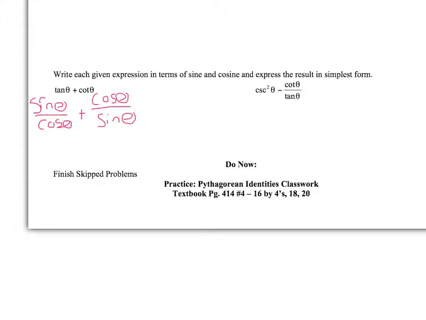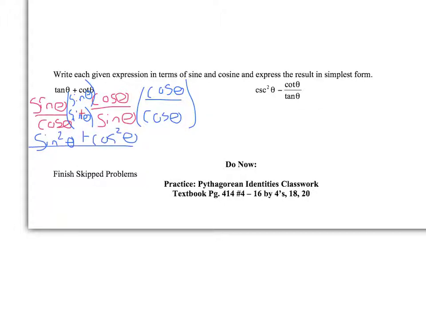The way we put it in simplest form would be to try to add these fractions together. Remember, in order to add fractions together, you need a common denominator. The common denominator between cos and sine is cos times sine. So the second one needs a cos theta, and the first one needs a sine theta. Sine times sine is sine squared theta. Cos times cos is cos squared theta.